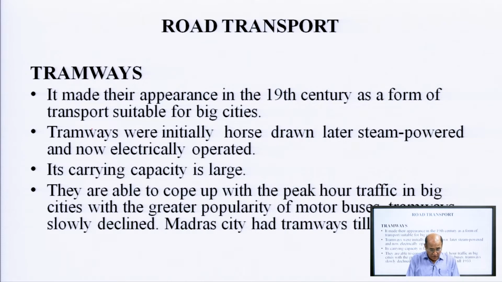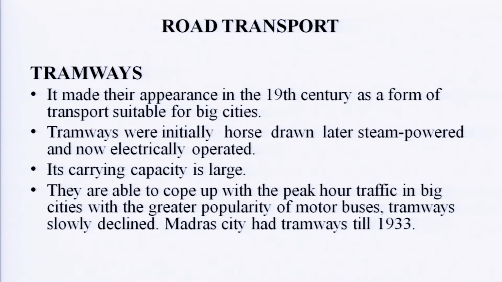Tramway initially carrying capacity is very large. They are able to cope up with the peak hour traffic in big cities. With the greater popularity of motor buses, tramway slowly declined. Madras city had tramway still in 1933.